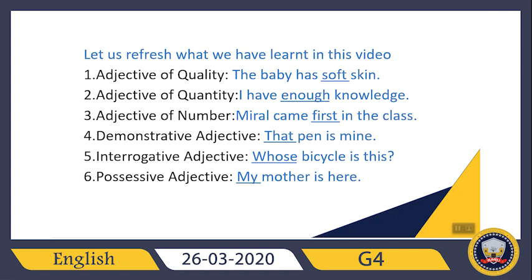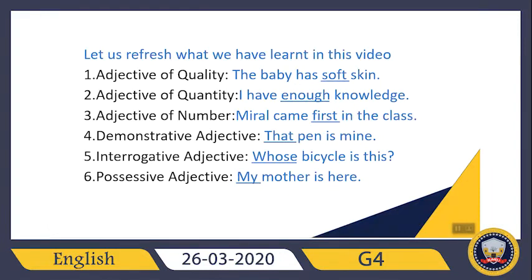We all know whose is the adjective in the sentence. So whose is the interrogative adjective in this sentence. Don't forget, try to memorize and study these adjectives. They are all going to help you.